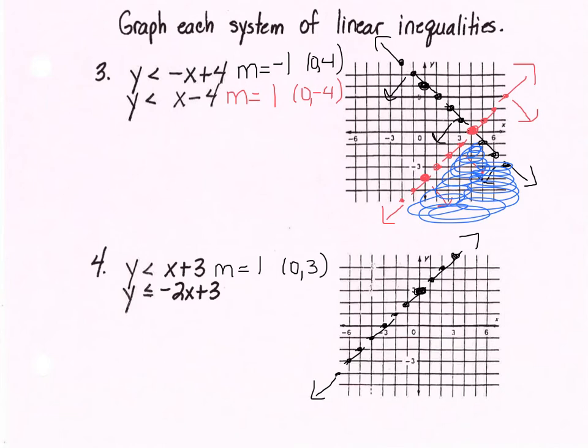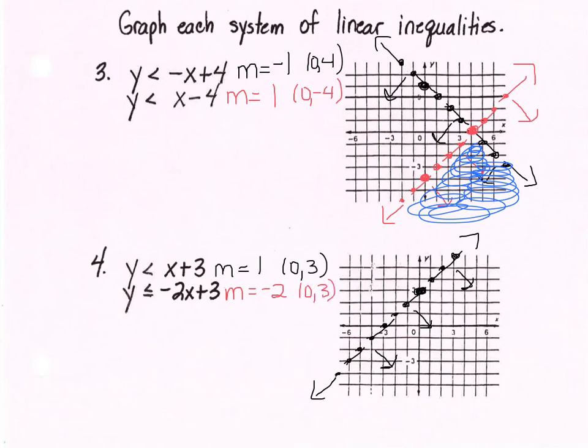Now I have to decide where to shade. Since it is a less than symbol, I'm going to be shading underneath this line. I'm not going to totally shade it yet, but those arrows are going to remind me that I'm shading underneath that line. Let's graph the second one. My slope is equal to -2, and 0, 3 is my starting point.